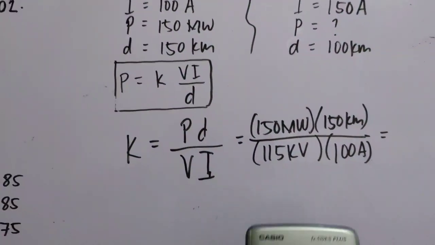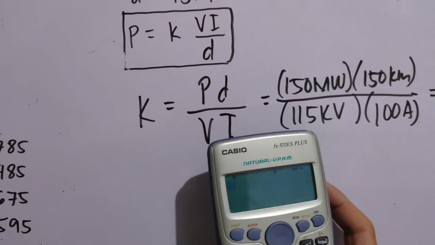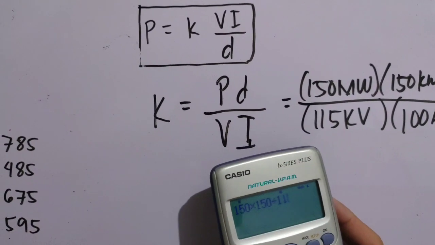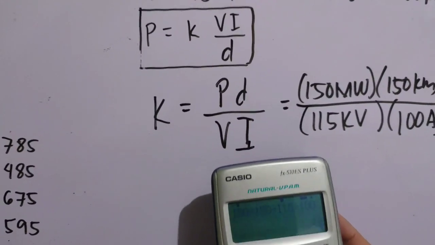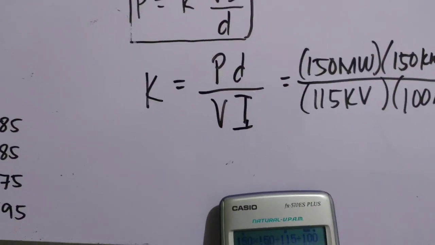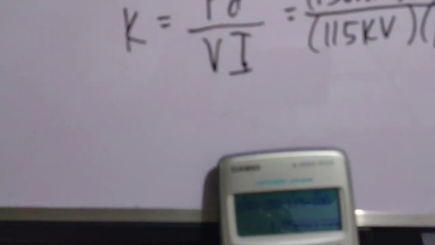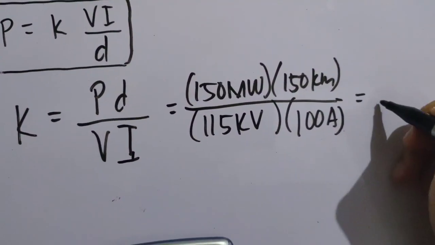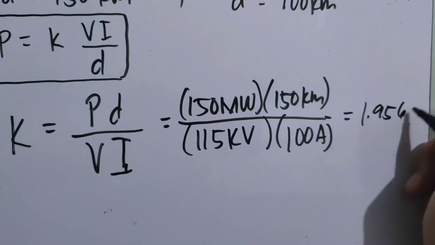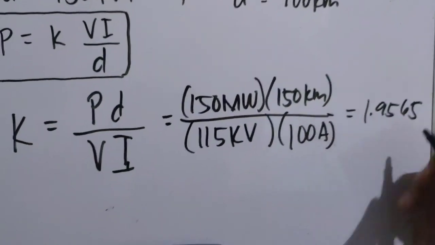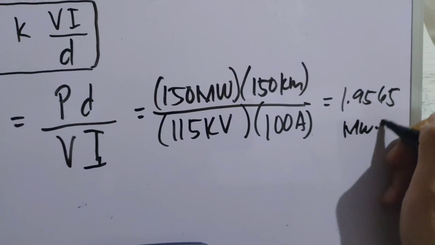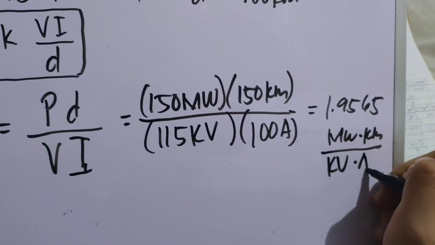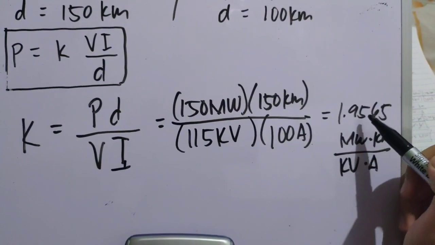So K is 150 times 150 divided by 115 divided by 100. The value of K is equal to 1.9565. So let us write 1.9565, and its unit is megawatts kilometer over kilovolt ampere. Now we have the value of K.